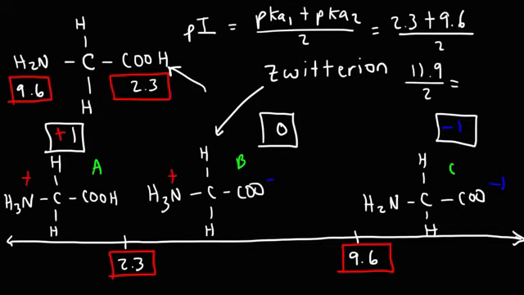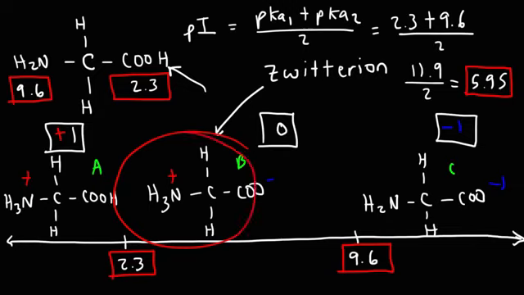So it's 11.9 divided by 2. 11.9 divided by 2 is about 5.95. So that would be the isoelectric point of this particular amino acid. So at a pH of 5.95, the dominant form of the amino acid will be almost completely the Zwitterion.